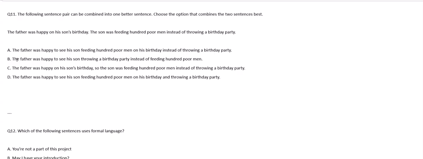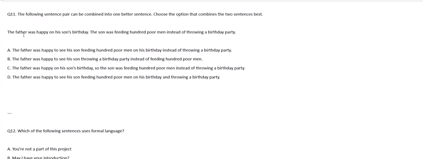Let's go through the second option. The father was happy to see his son throwing a birthday party instead of feeding 100 poor men. If we see option B, it is completely opposite to what is mentioned in the sentence. The meaning has changed.